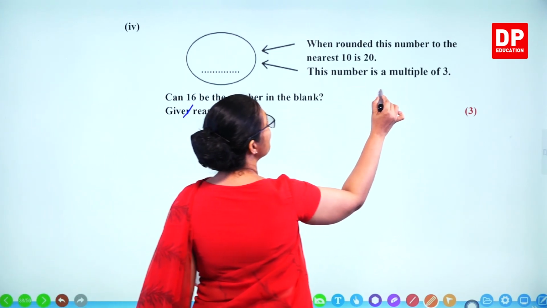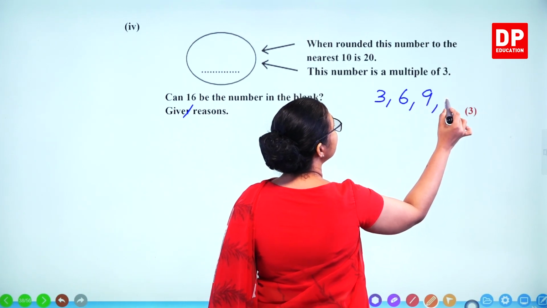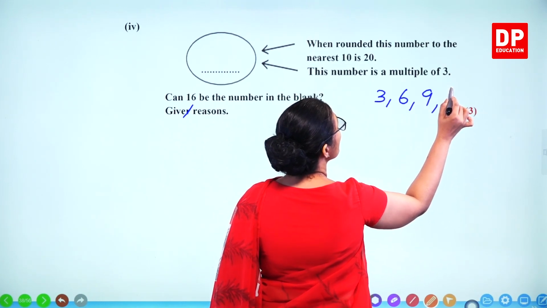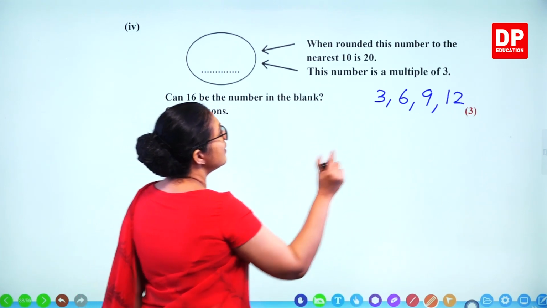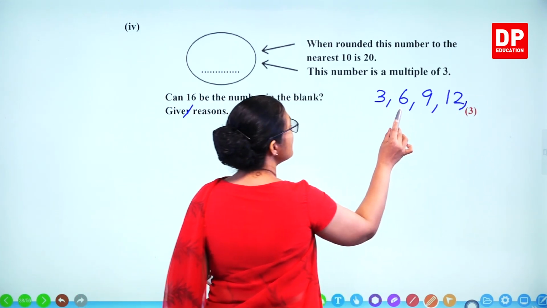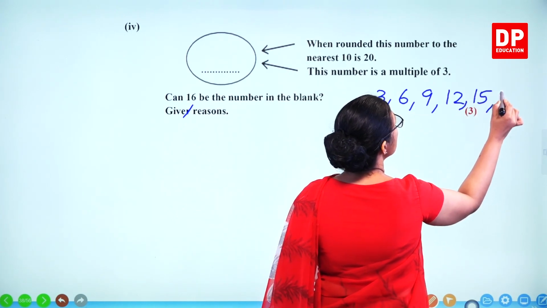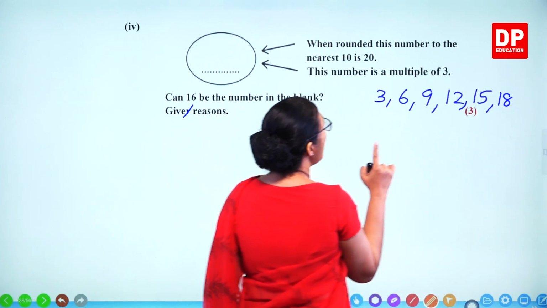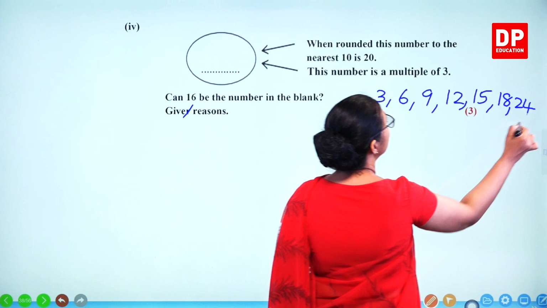Multiples of 3. 3, 6, 9, 12 like that. 3 times 5, 15. 3 times 6, 18. And 24 like that.